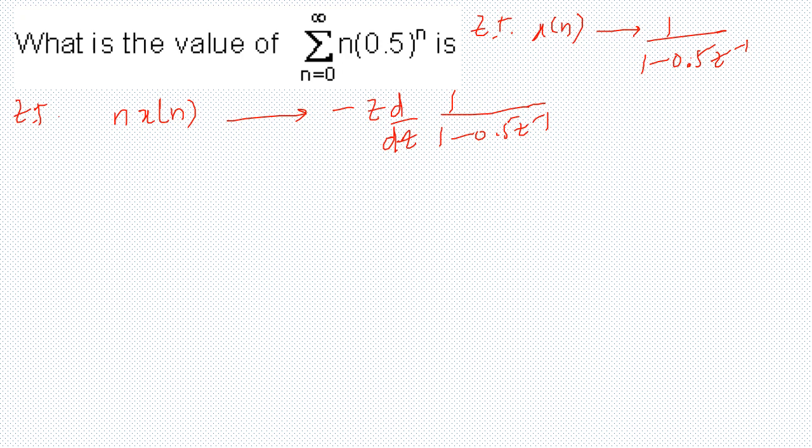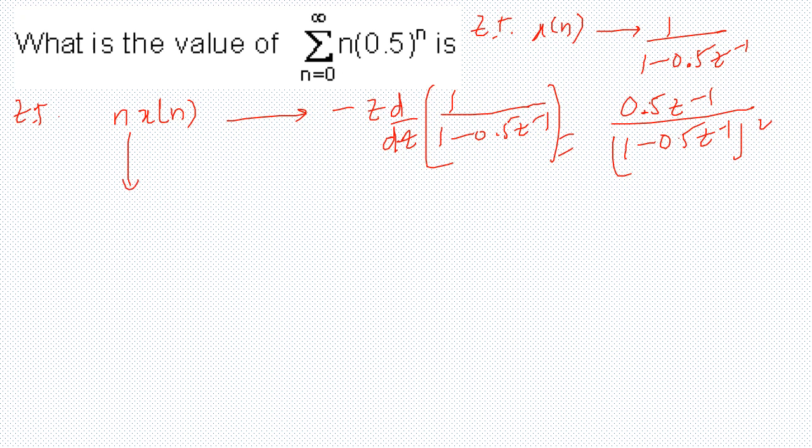Now if you differentiate it once, what you're going to get is 0.5 z inverse over 1 minus 0.5 z inverse raised to the power 2. So this is what you will get. Now we can simply write the definition of n x of n, which will be sigma n equals minus infinity to infinity n x of n z power minus n.